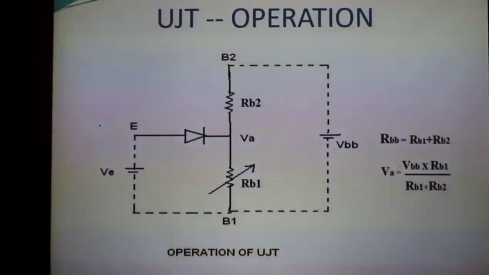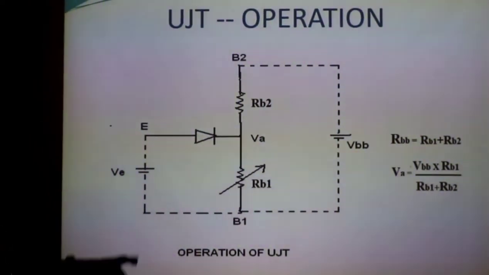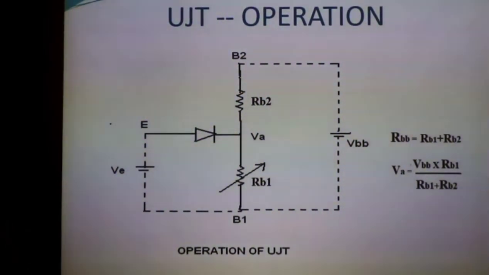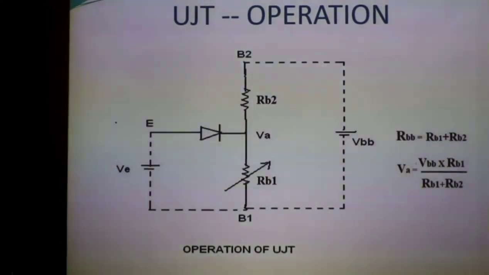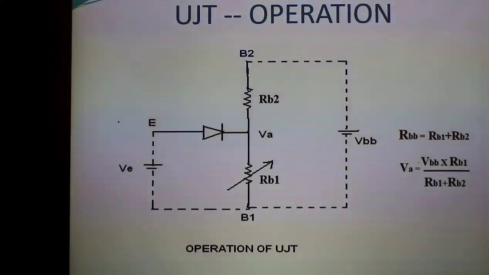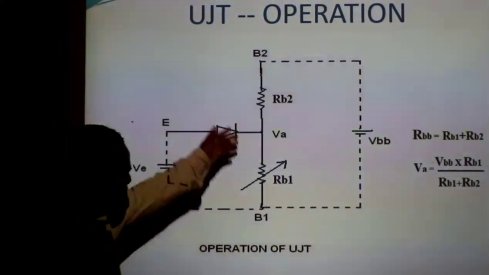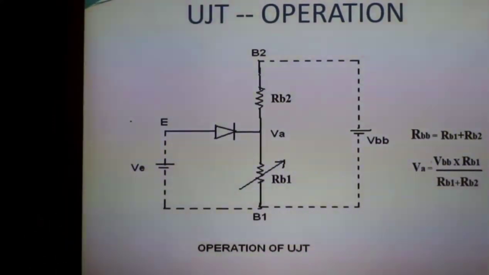For operation, generally the RB1 and the RB2 both constitute the total resistance due to the N-type bar. Therefore, whenever we apply some voltage VBB, a potential gradient takes place in the silicon bar.